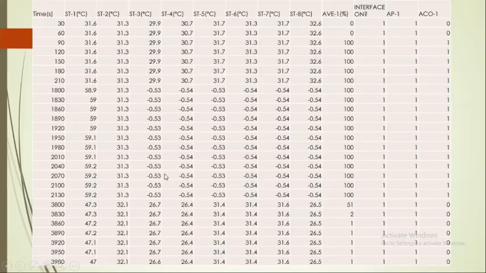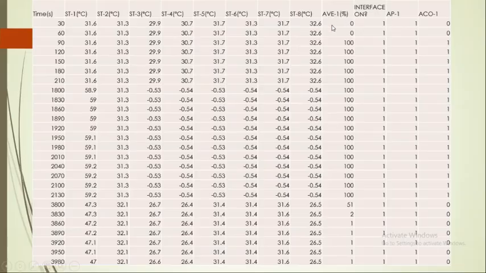Then we have ST4, ST5, ST6, ST7. All these temperature sensors are installed at various points of the product. Some are on the upper part and some are in the bottom part, and they are quite similar, so you can clearly say that the behavior is very homogenized.